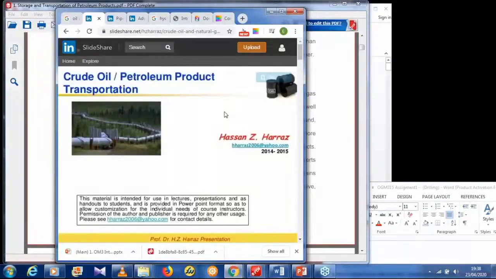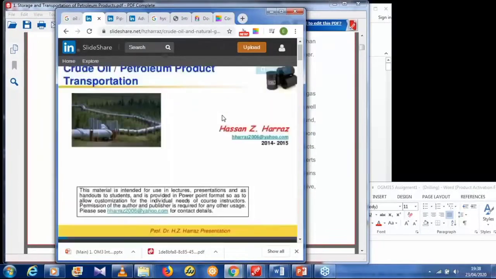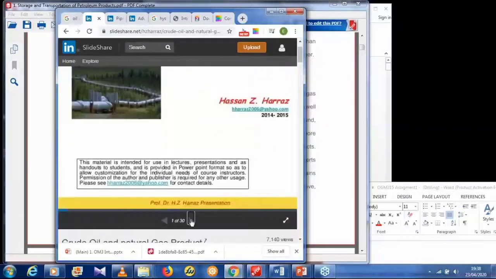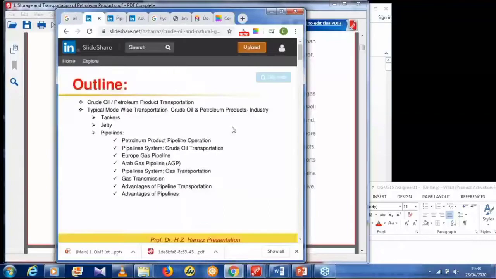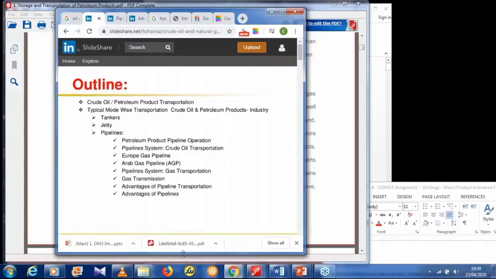Basically for this course, part of the things we'll be talking about is the crude oil and petroleum product transportation, then the typical modes of transportation of crude oil and petroleum products in the industry.